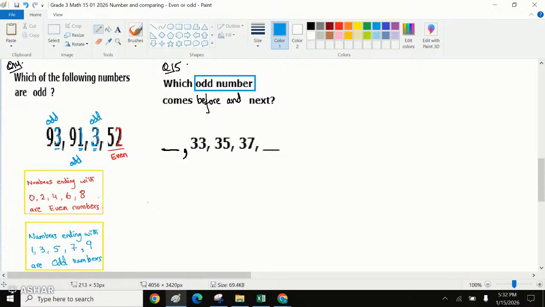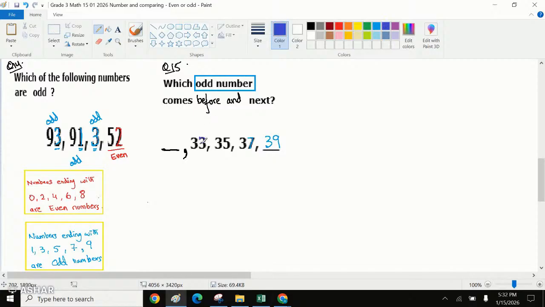Yes, 39 would come. Would 39 come after or before? Yes, since the last number is 37, 39 comes after. And what is the number at the beginning?